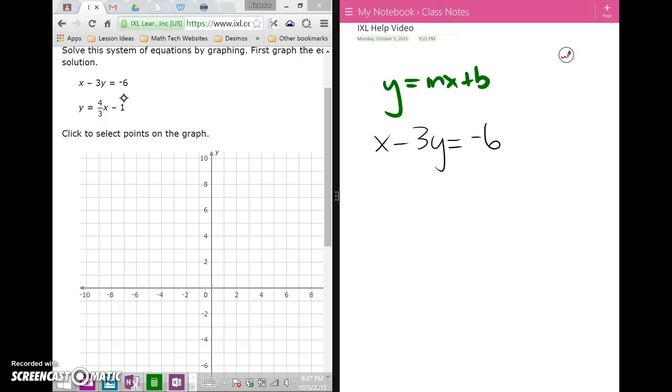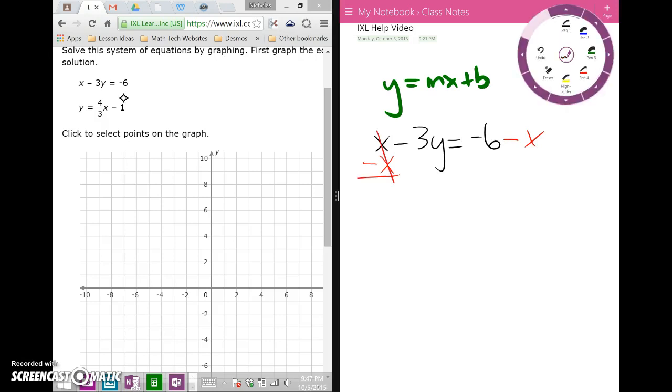Now, I want to isolate y, or get y by itself, right? So the first thing I'm going to do is take away x. And it's positive, so I'm going to subtract it. If I subtract it from that side, then obviously we subtract it from this side. So these go away.